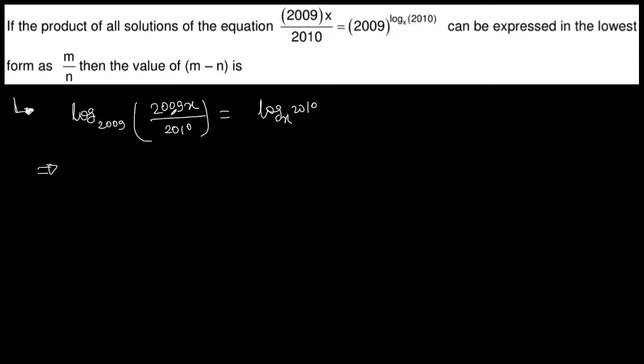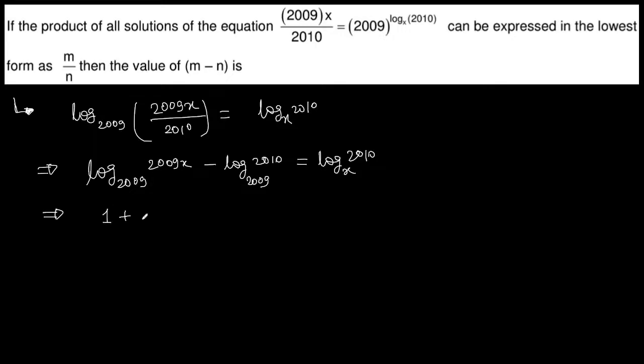If we expand it, m minus n. This is log 2009 x minus log 2010 base 2009, log 2010 base x. It is nothing but, if you expand m plus n, it is 1 plus log x base 2009.